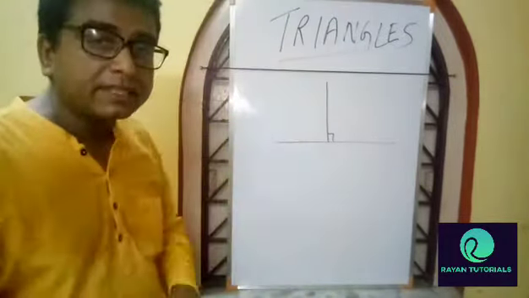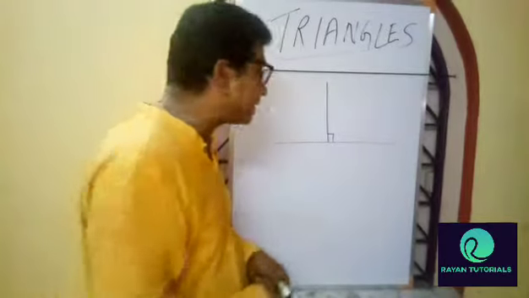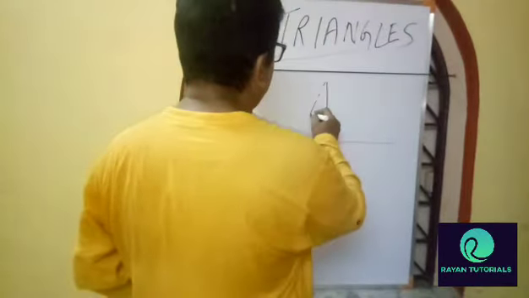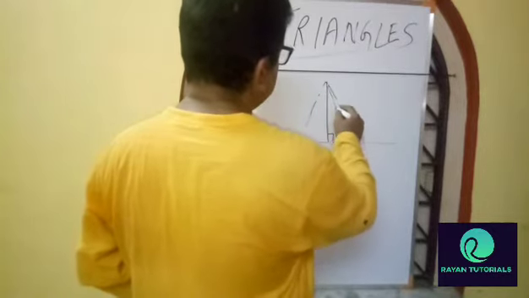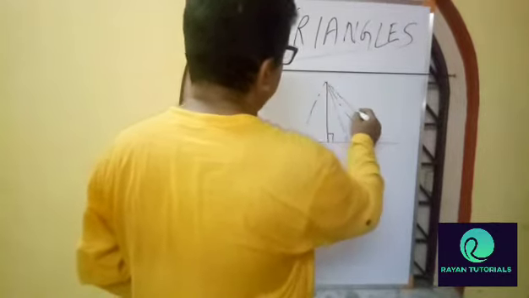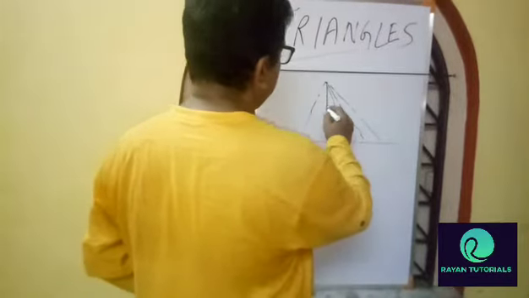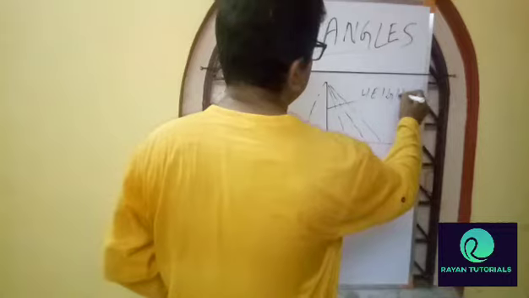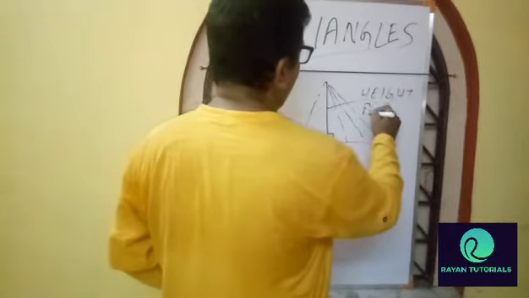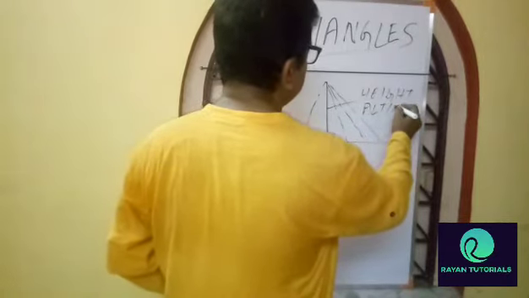So the perpendicular distance is always the shortest distance. Whatever line you draw on this line, the perpendicular will be the shortest one. This is the height. This is the altitude.